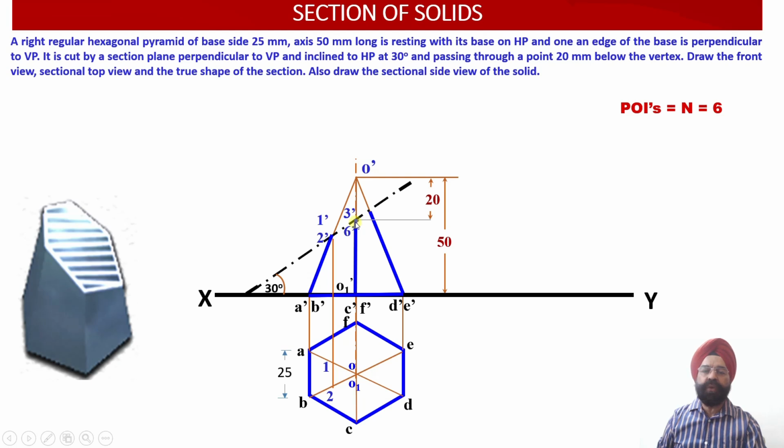So let us try to bring these points into the top view. Please see, as I bring this down, I don't find any point of intersection on OF or OC. Why? Because there is a vertical line.